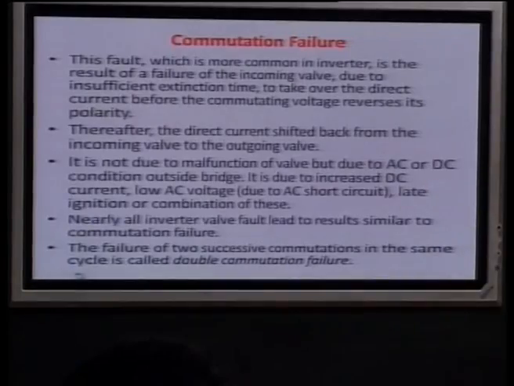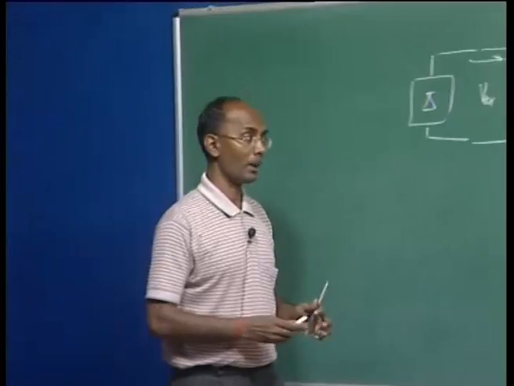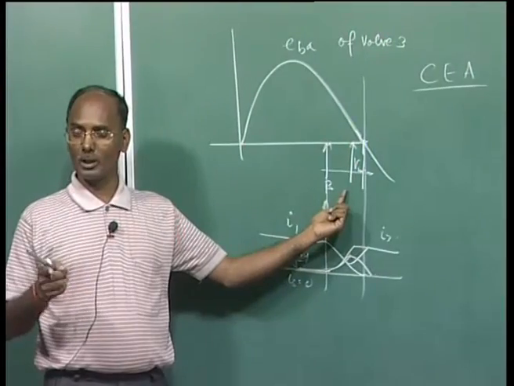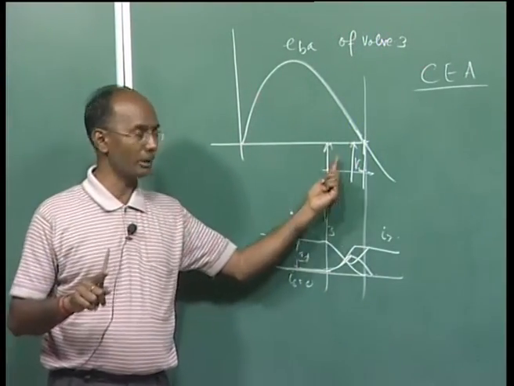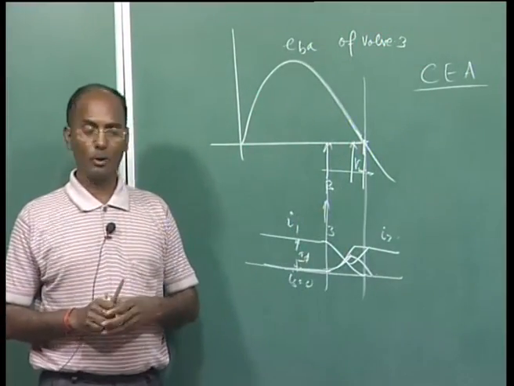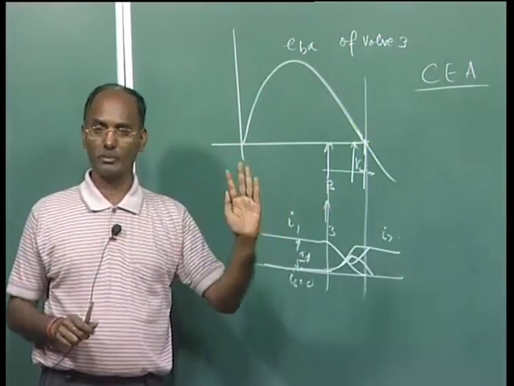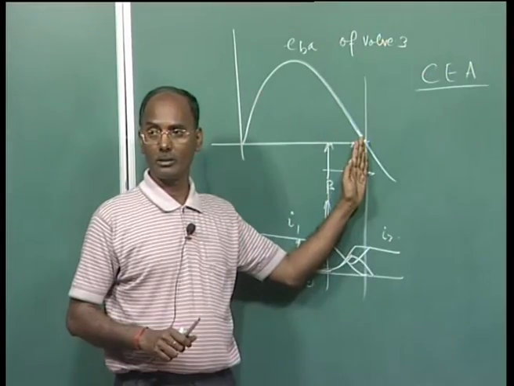Sometimes it is due to late ignition: you have calculated beta exactly, but due to the controller the pulse is delayed by 5 or 6 degrees or so, and then again it will be shifted to this side.